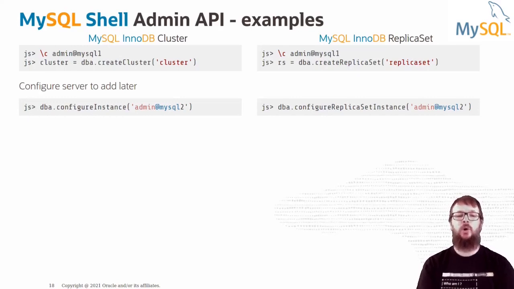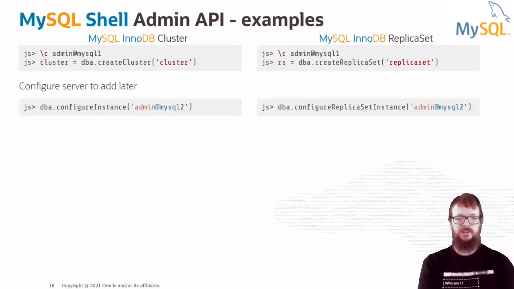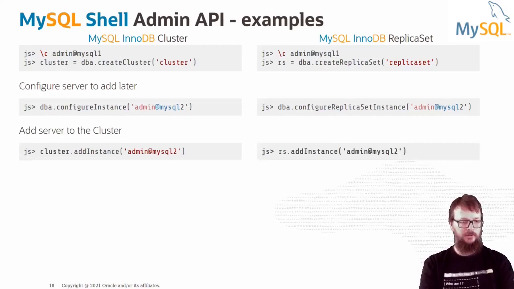It will do all that for you, change the configuration directly on the instance and restart it if needed. But it will ask you whether it needs to restart the instance or not. All that uses SET PERSIST. If you are familiar with that in MySQL 8, SET PERSIST persists configuration variables without having to modify the configuration file manually.